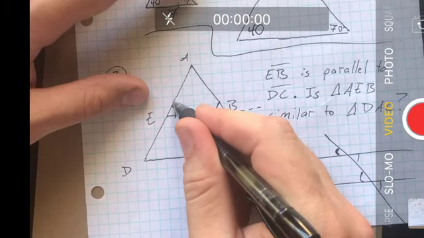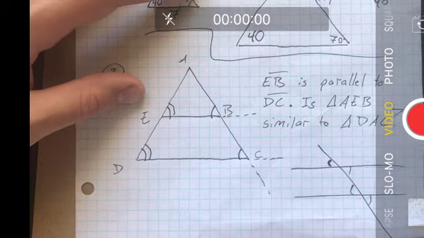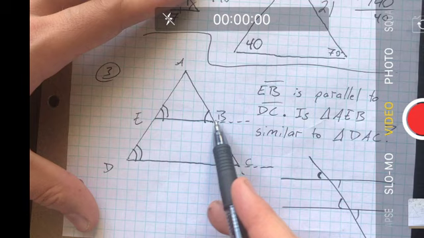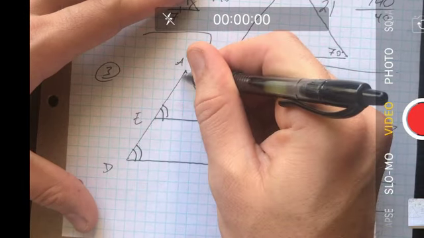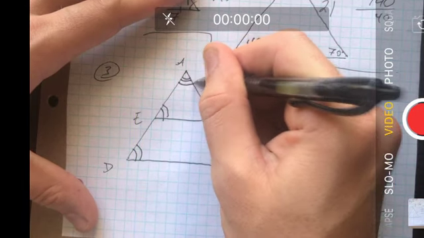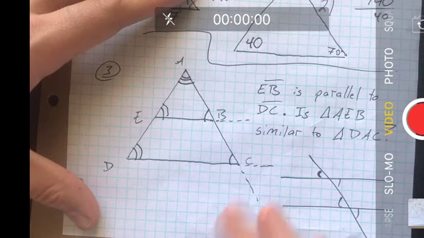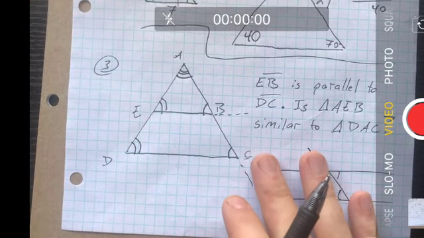Same thing over here. And both triangles, DAC and EAB, share this angle A. So all three of these angles are the same, so it's going to be similar. And you can play around with it a little bit.